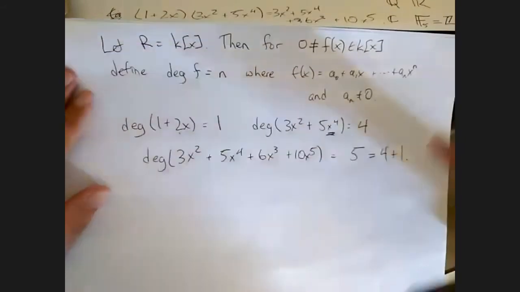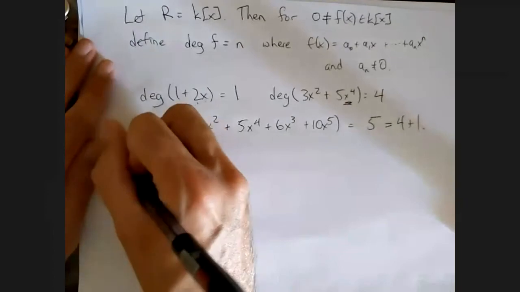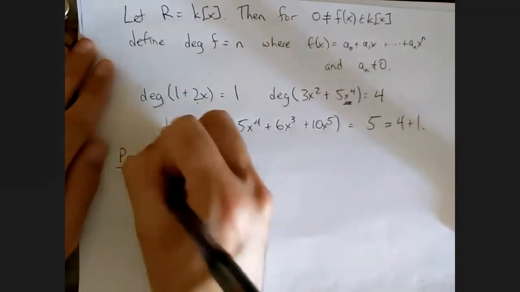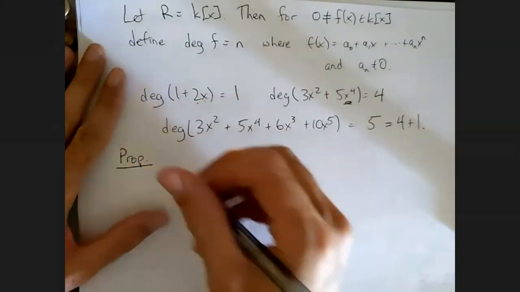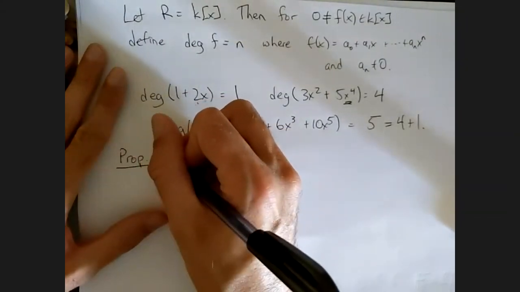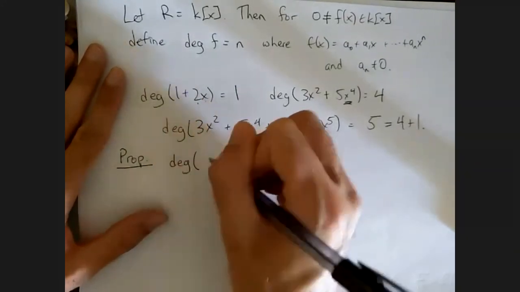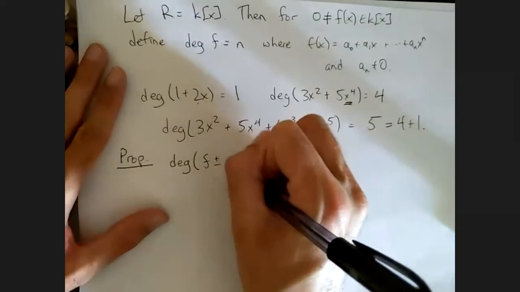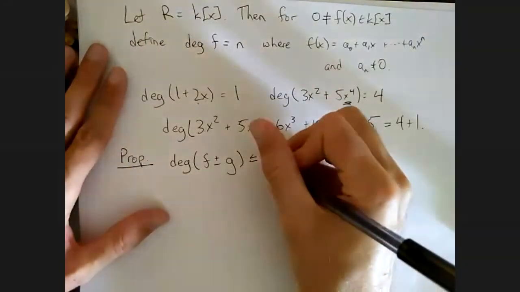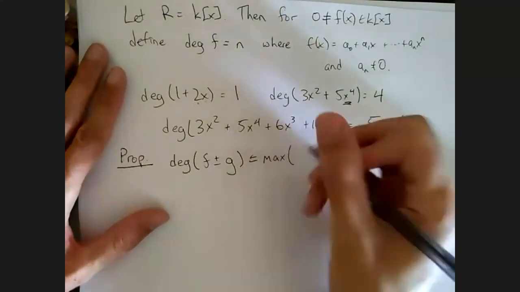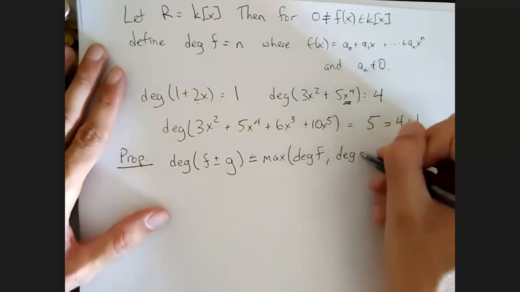So we get a basic property of degree, which we won't prove: the degree of f plus or minus g is less than or equal to the maximum of the degree of f and the degree of g.